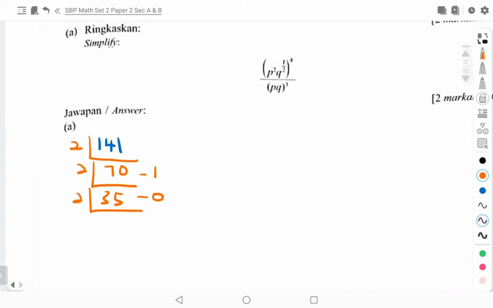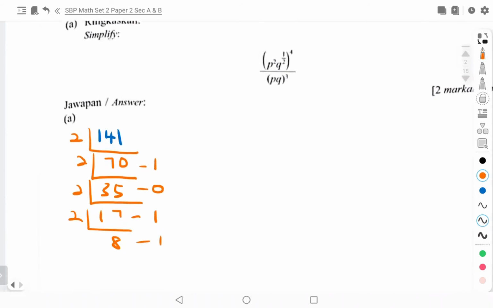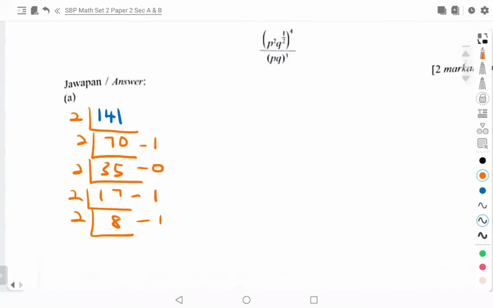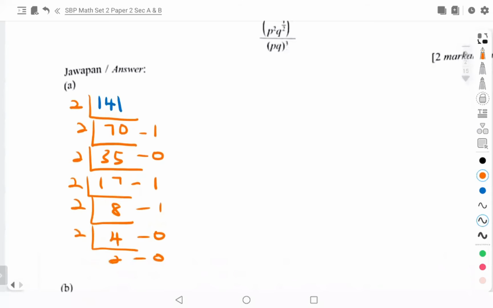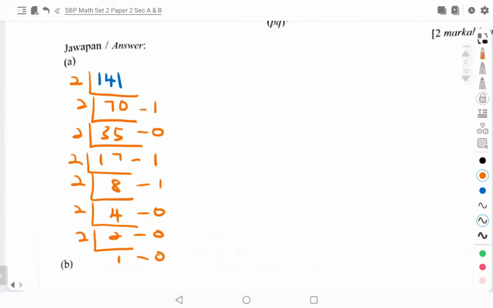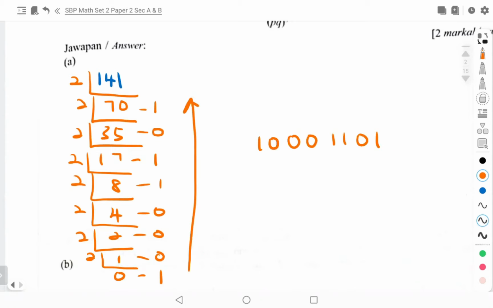Divided by 2 again, 17, remainder 1. Divided by 2, and so on. Still got a balance of 1, so still have to divide by 2. Then the remainder is 1. Then you will get the answer: 10001101 base 2. You just write like this.